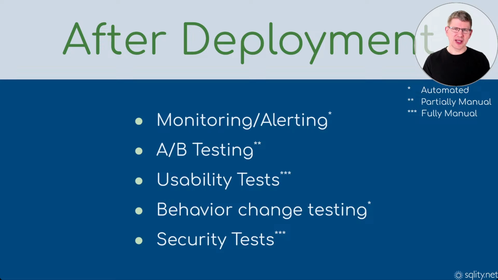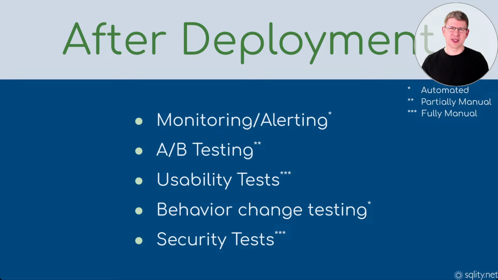Monitoring and alerting might not feel like a test to you, but it kind of fulfills a very similar goal of telling you early on when something isn't behaving as expected. So that falls under the term observability. You want to look at the overall health of your system.